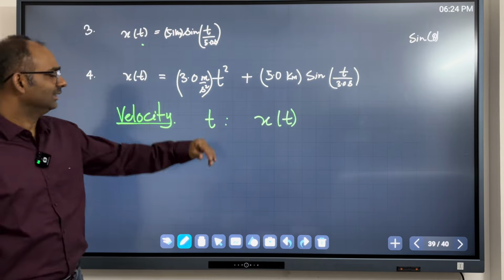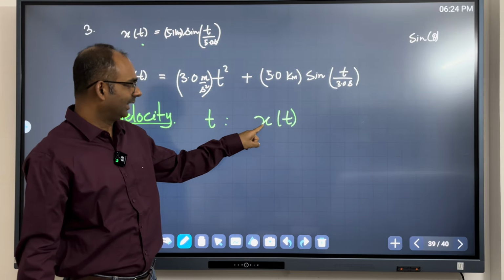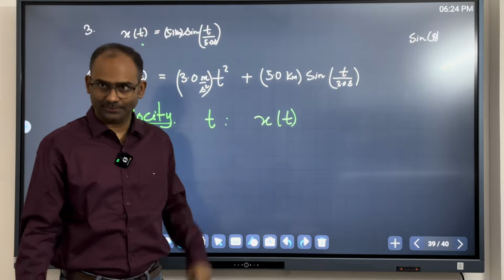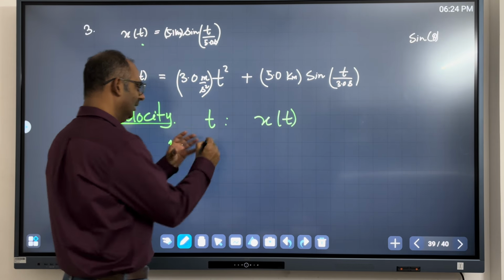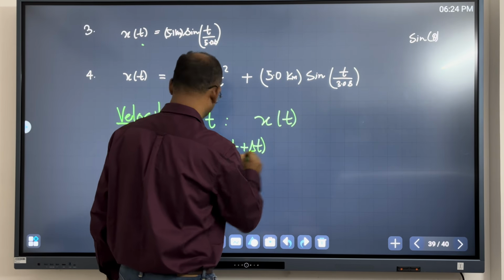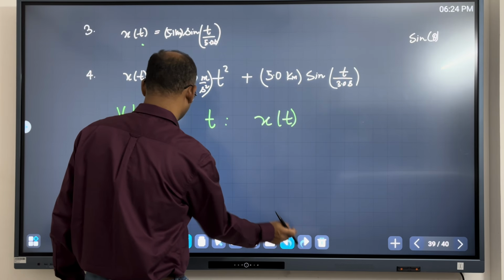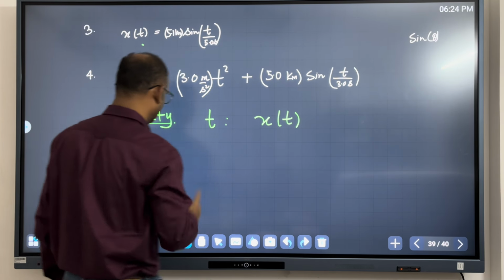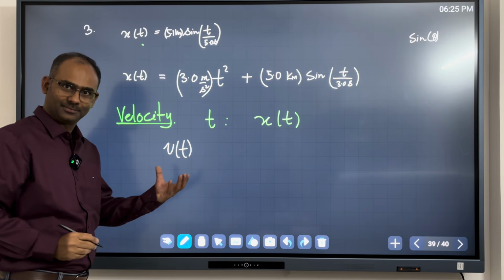Or let's say I am given the position of the particle or the body as a function of time. So what is the velocity? What's the velocity of that object at time t?